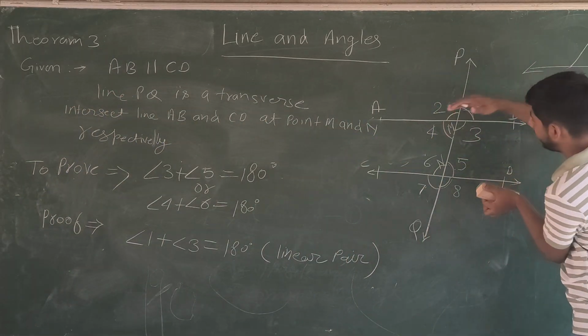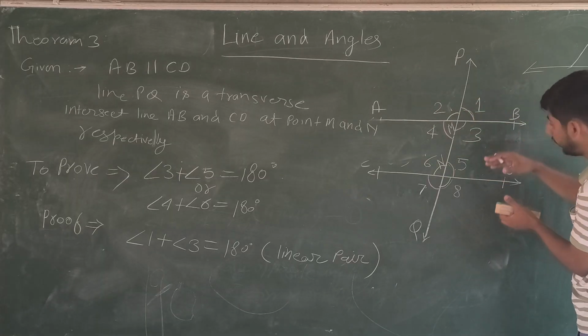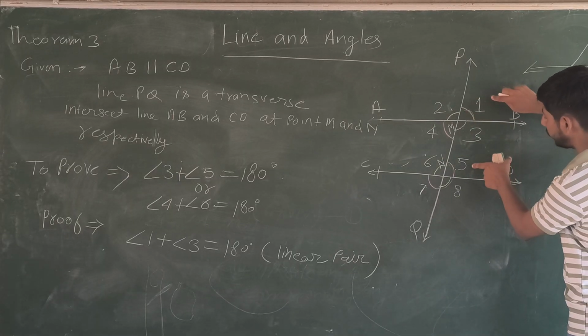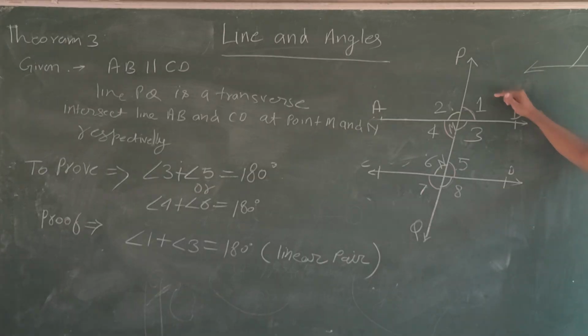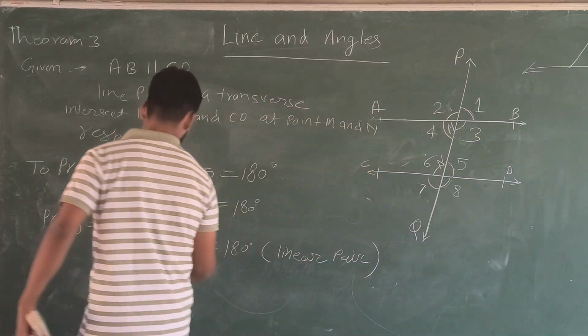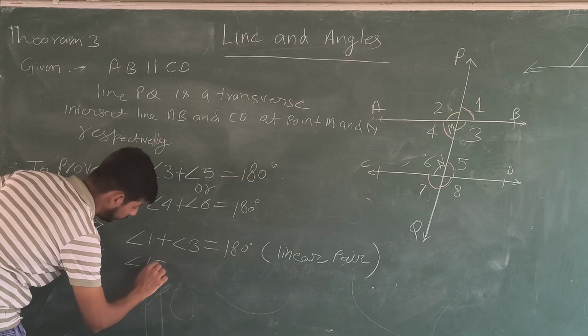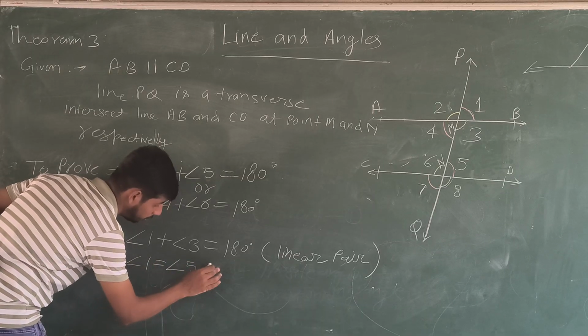If AB and CD are parallel, then angle 1 should equal angle 5, corresponding angles. So we can write angle 1 is equal to angle 5.